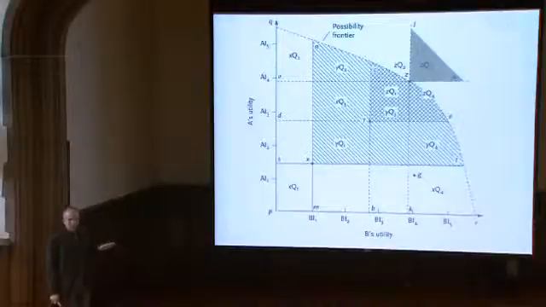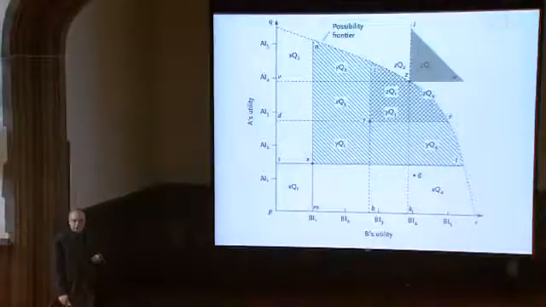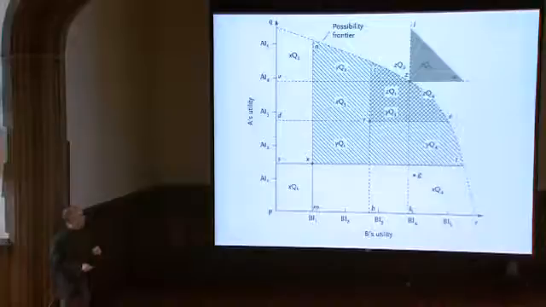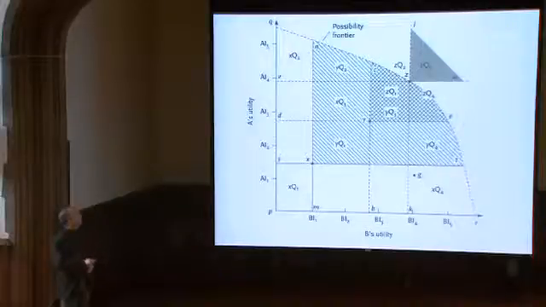So if you find this in any way confusing, just listen to the narrative and then we'll see whether you get it that way. So now we have a diagram with two people on it. This is person A and this is person B. And the x-axis here is A's utility function.